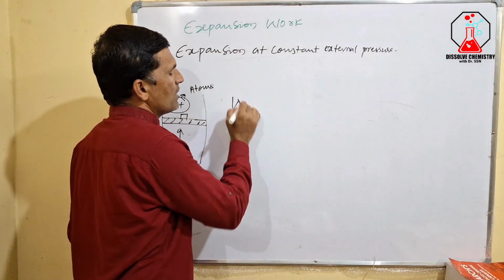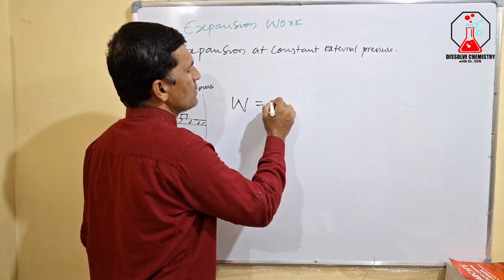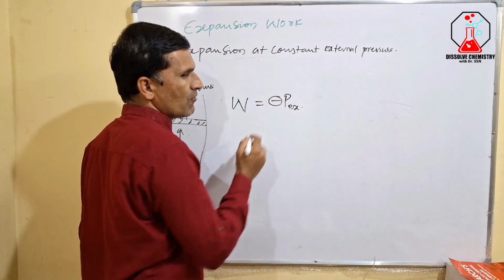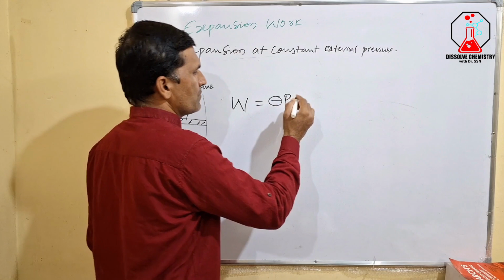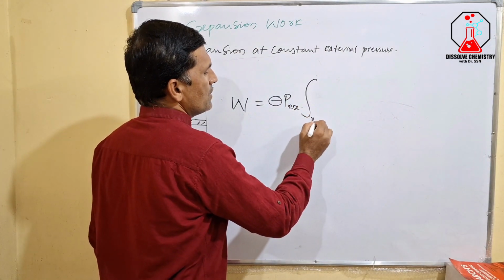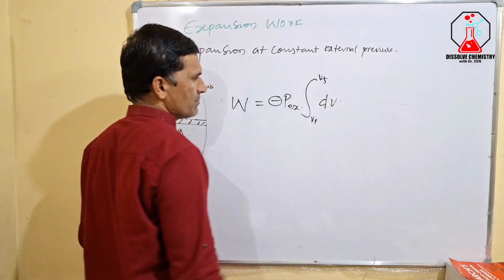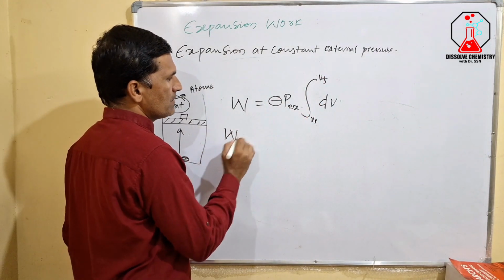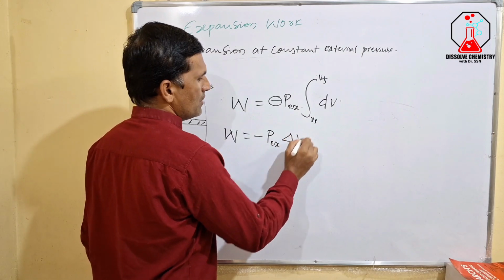Then work is given as minus P external into V initial to V final. The minus sign indicates we are working against an external pressure or external force. If the difference is too large, we can write it like this: minus P external into delta V.